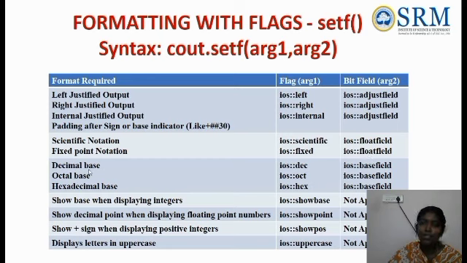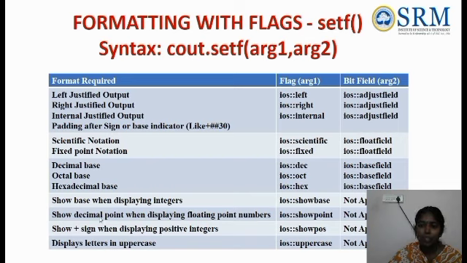To specify the number system, namely decimal, octal or hexadecimal, the base can be specified using dec, oct, hex from the ios class, and the bit field should be basefield. To show the base when displaying integers, we use the flag ios::showbase, and the bit field is not applicable here.